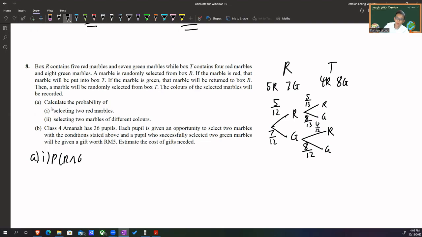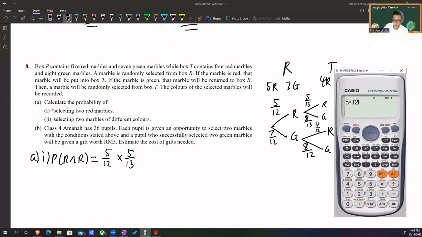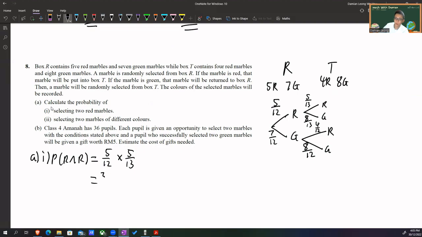Probability red and then red. 5 over 12 times 5 over 13. I'll get 25 over 156.